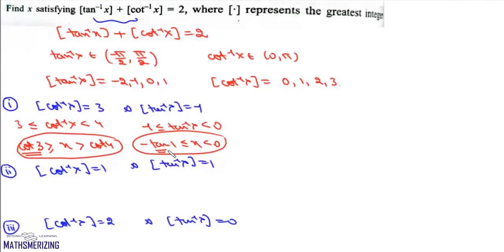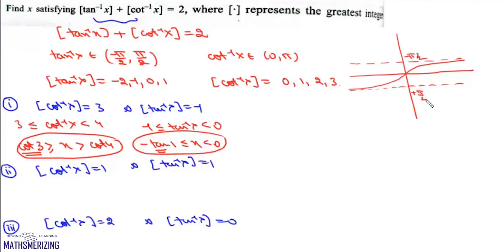And what we'll do is we'll draw the graph of tan inverse of x and we'll draw the graph of cot inverse of x. So for tan inverse, we have asymptotes at minus pi by 2 and plus pi by 2. That is the graph of tan inverse of x. So this is minus pi by 2 and this is plus pi by 2.